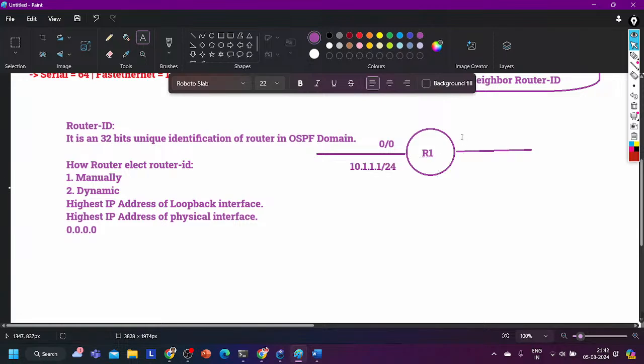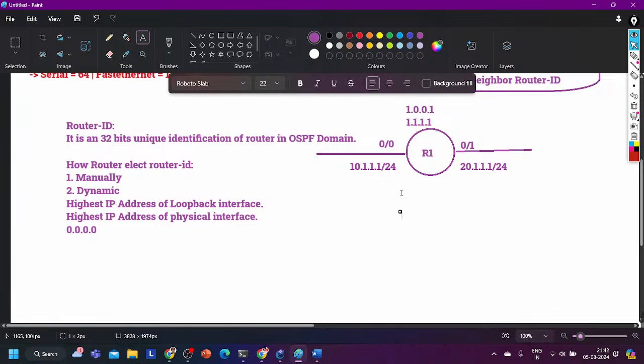This is F0/1, where I am running IP 20.1.1.1/24, and I have some loopbacks on this router. Let's say the loopback IP addresses are 1.0.0.1 and 1.1.1.1. Two loopbacks are there on router number 1.